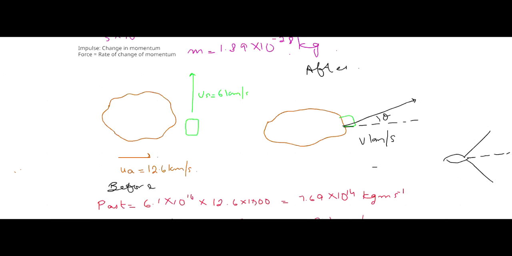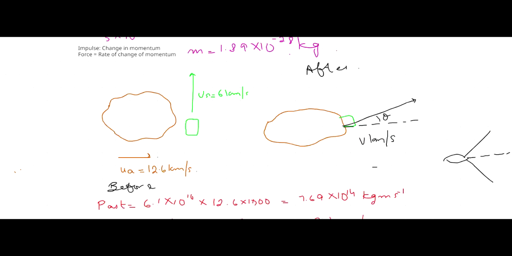That is how momentum before and momentum after are actually linked to each other. So what is actually going to happen? Let me just add one thing. Momentum before the collision in the horizontal direction is equal to momentum after the collision in the horizontal direction.